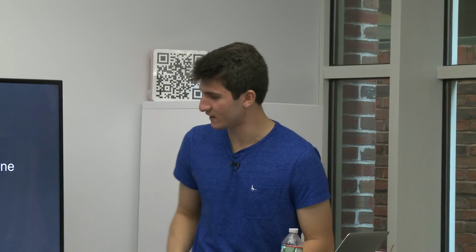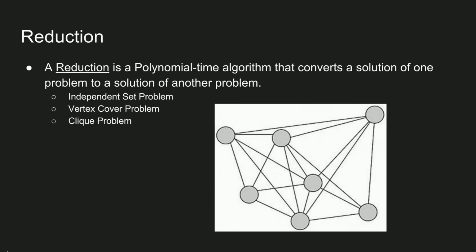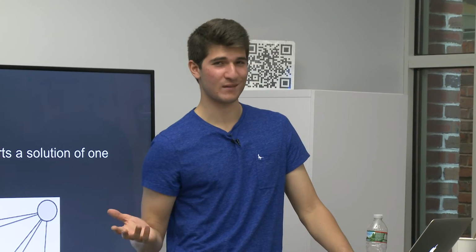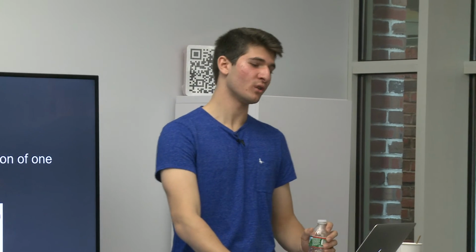In this case, you can see there is actually a 5-clique in the bottom left, of these 5 vertices all connected to each other, and that makes them what's called a 5-clique. So these are 3 problems that I'm going to go into in detail in just a second, and I'm going to show you that they're actually all sort of the same problem, and solving one can give you a solution to another.